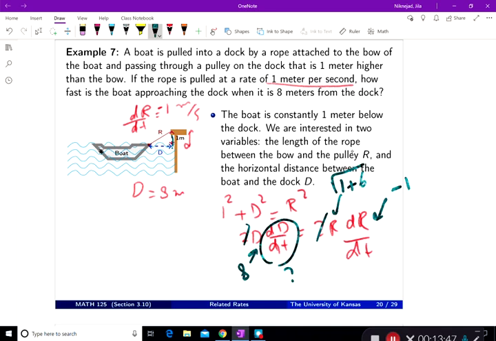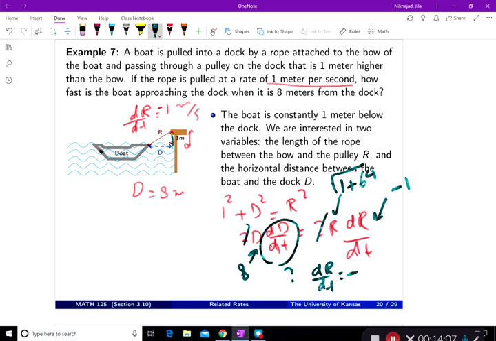8 to the power 2 is 64. And then I can calculate the dr/dt from there. Then dr/dt is going to be a negative value because it's decreasing.